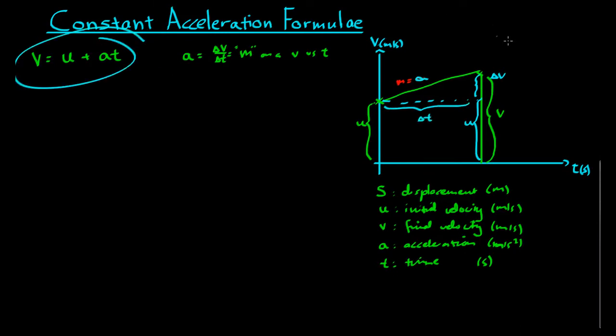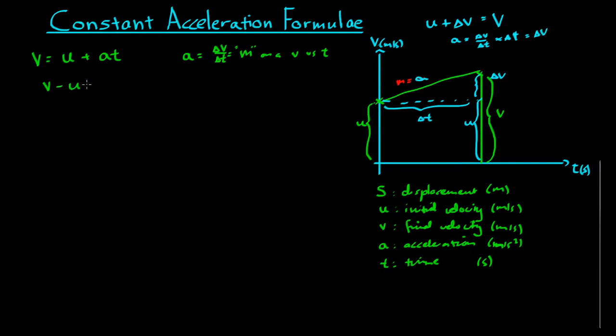The formula here basically says, if we start out at height U, which is here, and then we add on delta V, which is here, we will get to the final velocity. And the reason that delta V is given by AT is because we said A is equal to delta V on delta T, and if we multiply that by T, or delta T in this case, that's when we get the delta V. Another way of looking at this formula is we can rearrange it.